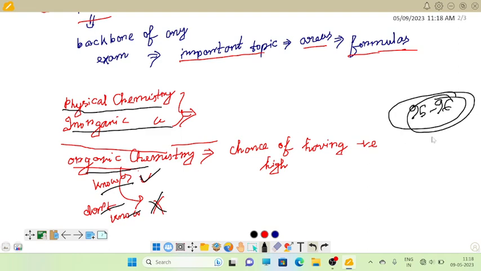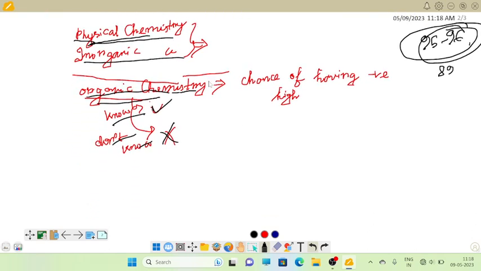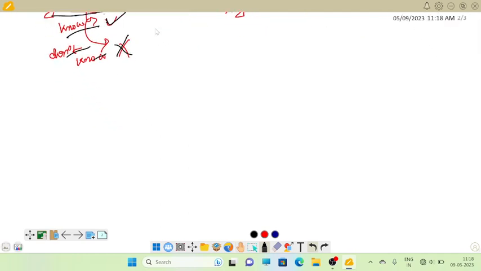For EWS it was, I think, 89, and for other categories I don't remember. So I had to take help from organic chemistry, and because I attempted a few questions and took risks from organic chemistry, I cleared the JRF.